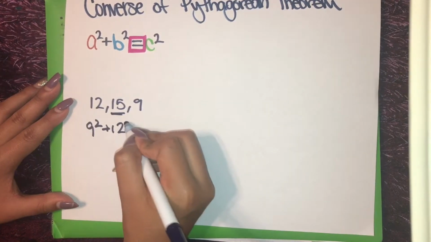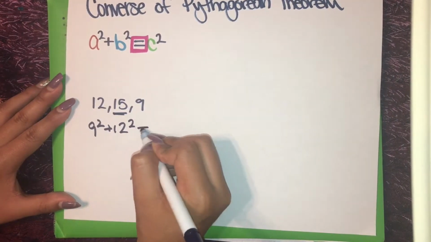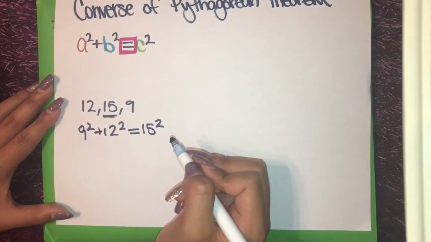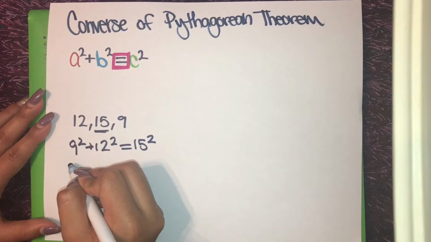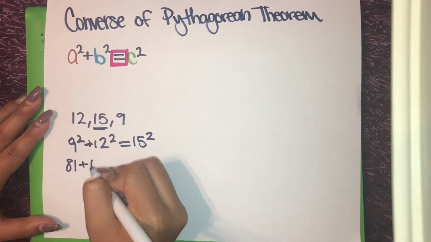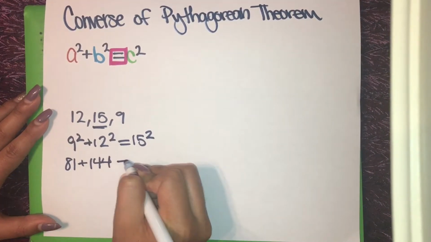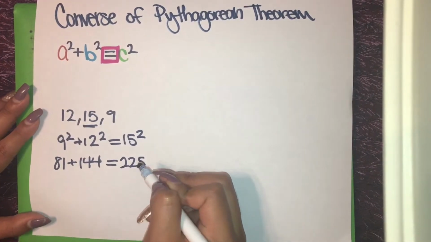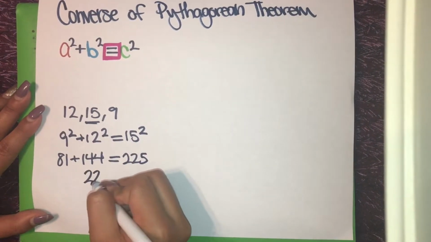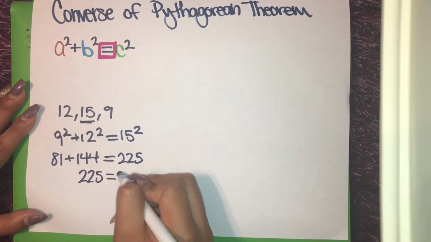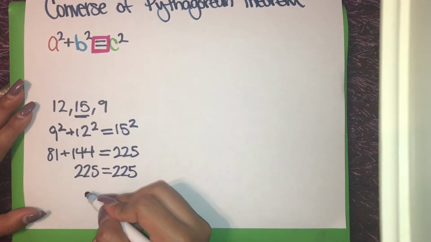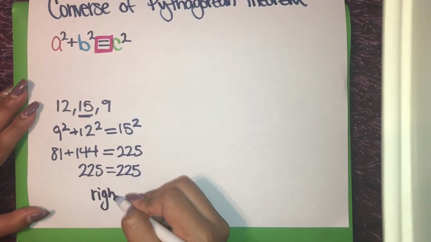This would be 9 squared plus 12 squared equals 15 squared. Then you will continue like the Pythagorean theorem and do 81 plus 144 equals 225, making it 225 equals 225, showing that it is in fact a right triangle.